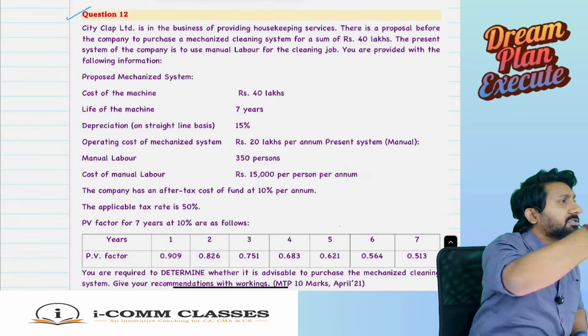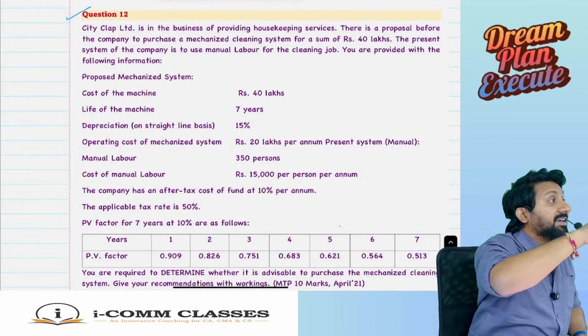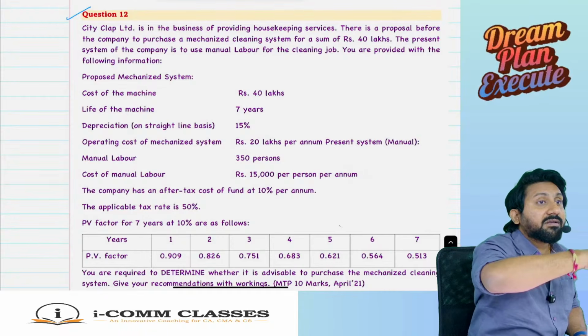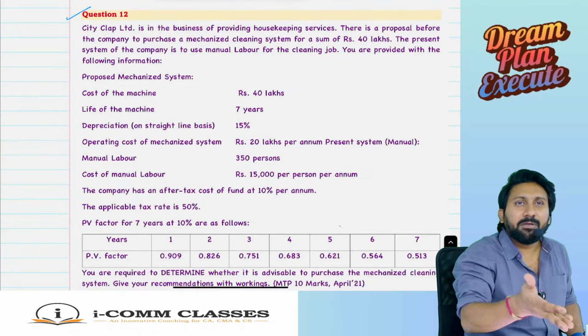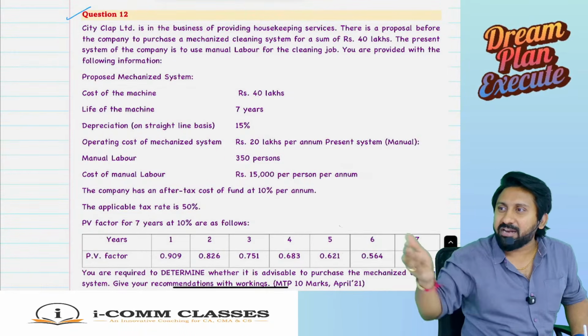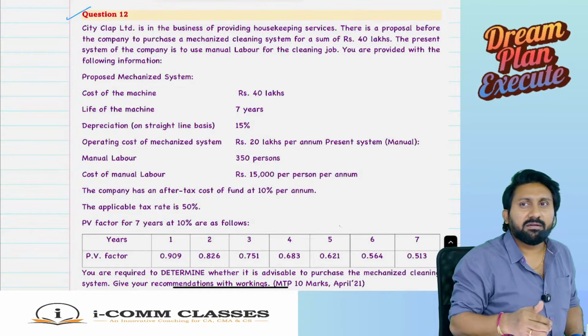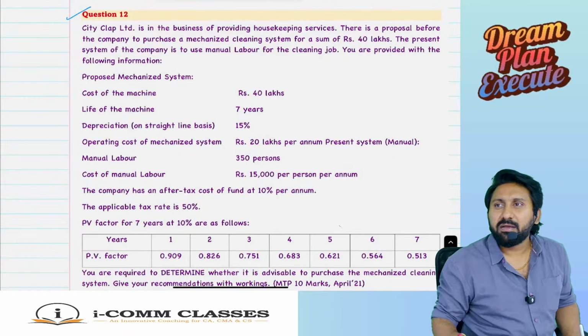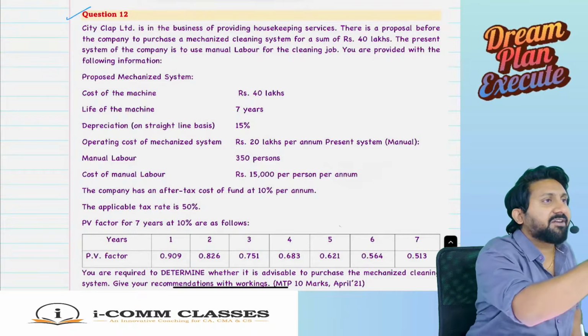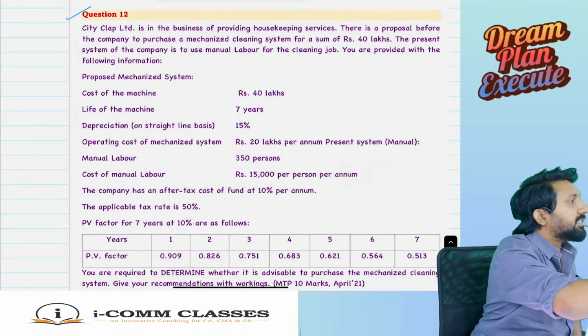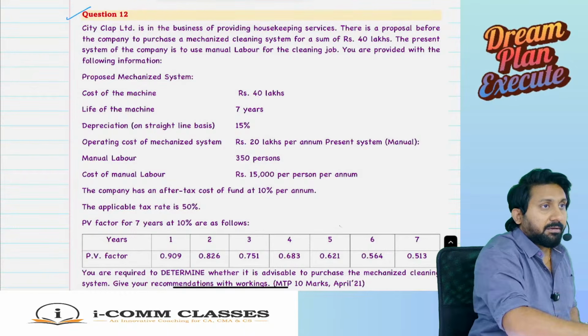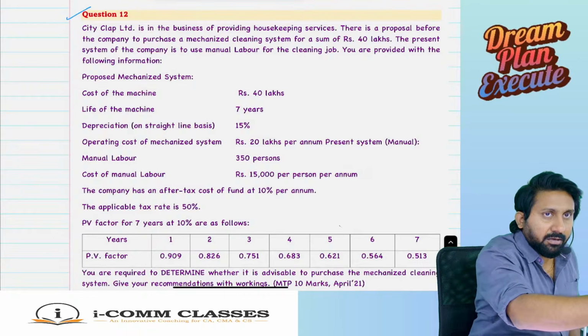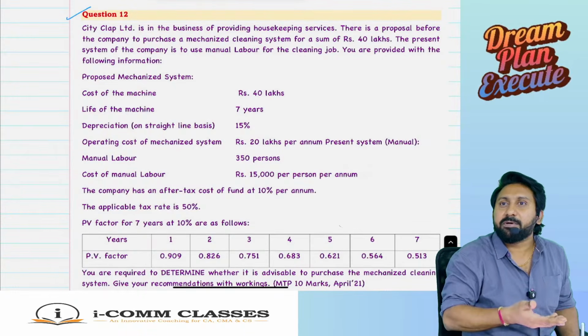What is the savings because of the new machine? Do the calculation and tell. Exactly. That 26 lakh 50,000 is the profit generated by the mechanized system.